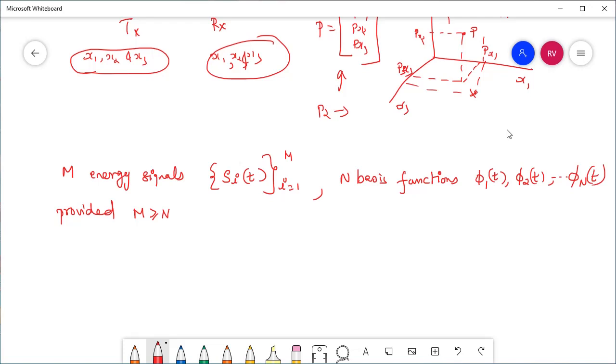Okay, now I can represent the signal Si of t in terms of these basis functions. I can represent the signal Si of t as sigma Sij phi j of t, where j moves from 1 to n.